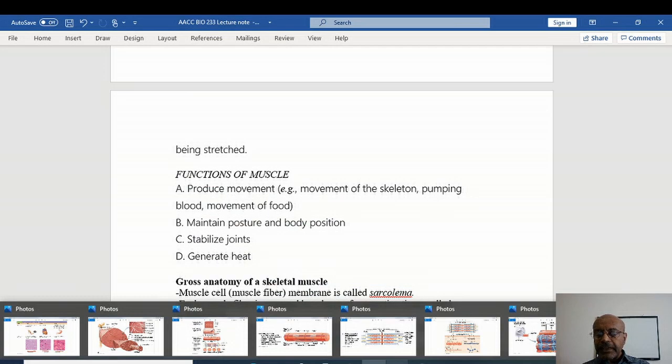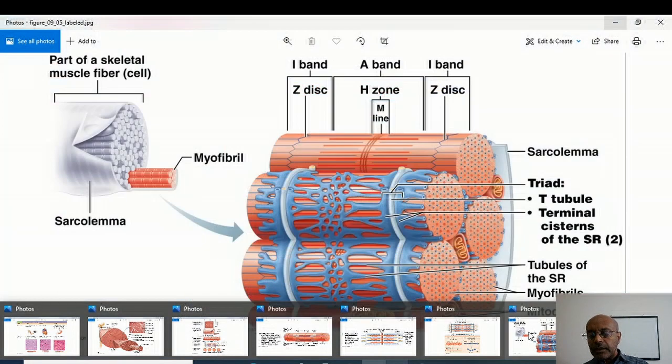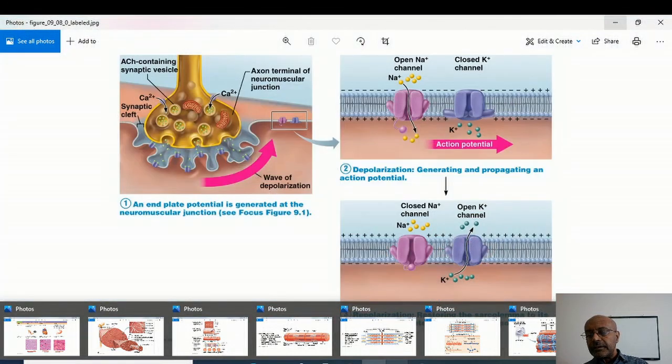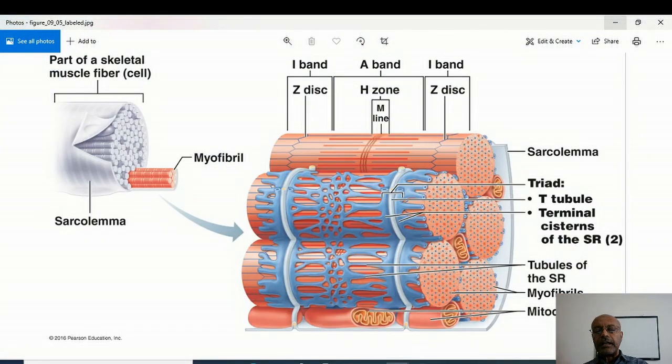Okay, next let's have a closer look at a skeletal muscle cell. When I showed you earlier a skeletal muscle cell, do you remember the sarcolemma? Here the sarcolemma is here. Sarcolemma is simply plasma membrane of a skeletal muscle cell. And we have seen myofibrils.